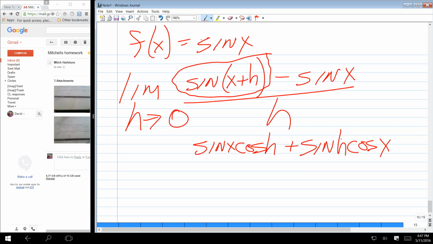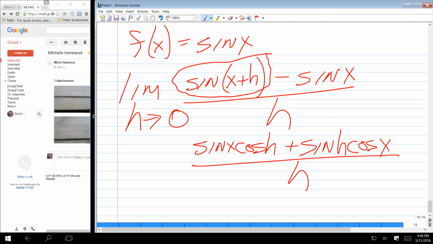And this is why your trig identities are so important, and they get more important as you get more into calculus. You better know your trig identities because you use them a lot, all over h. And then what you do next is, I don't remember, to be honest with you.